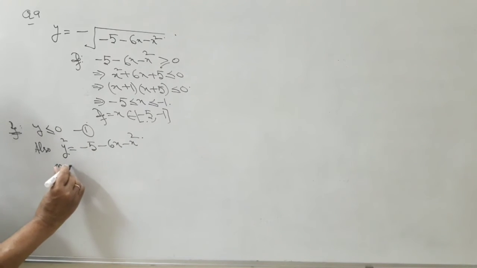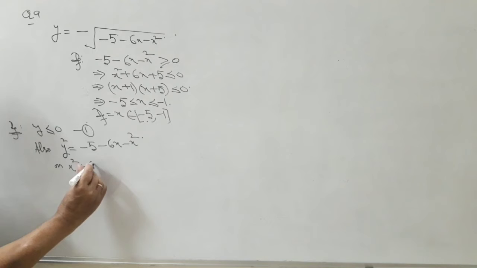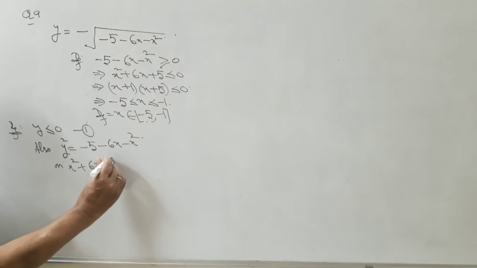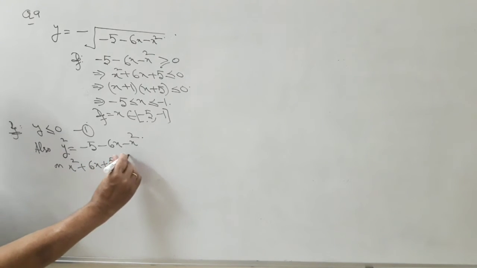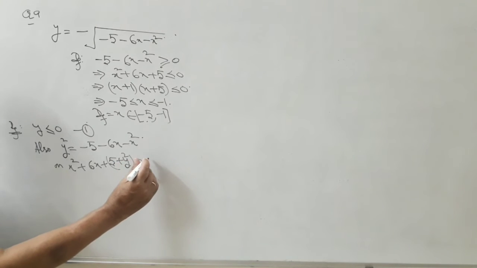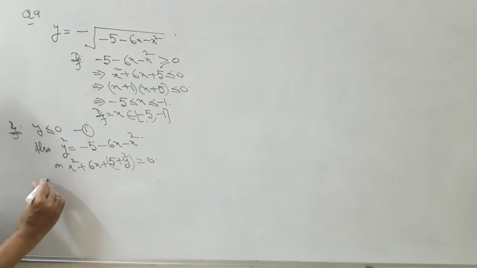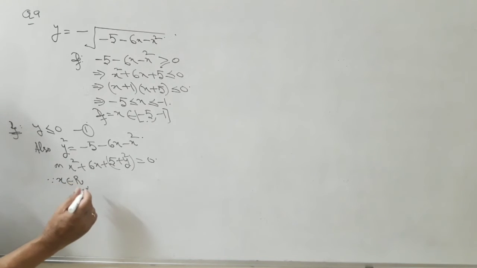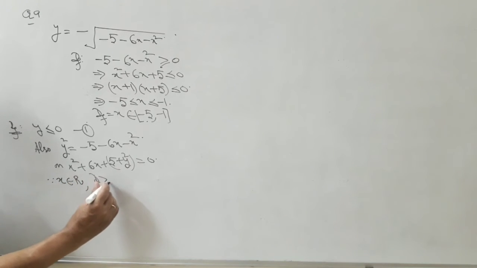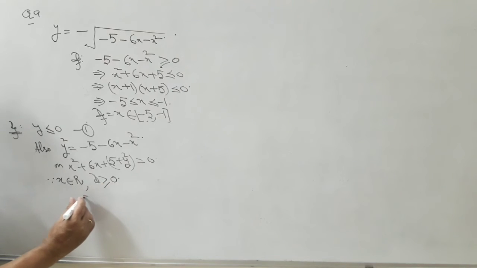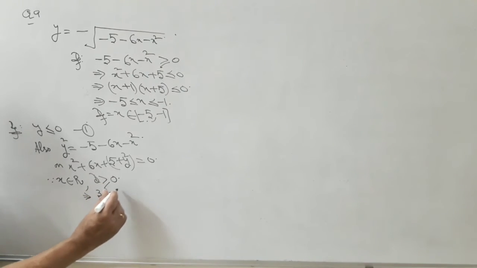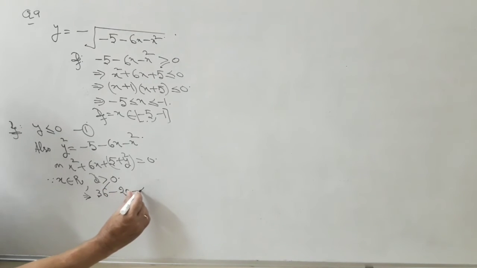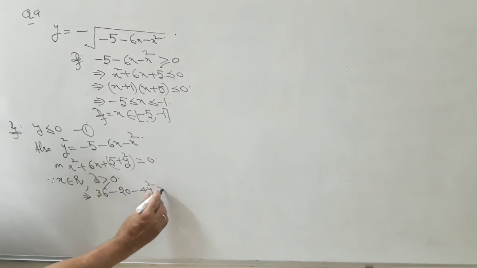or x square plus 6x plus 5 plus y square equal to 0, because x belongs to R, the discriminant is greater than equal to 0. This means 36 minus 20 minus 4y square is greater than equal to 0.